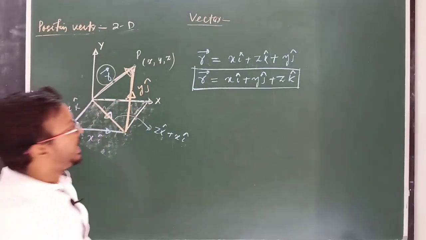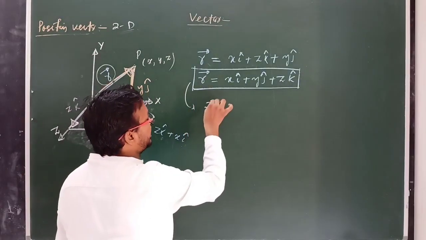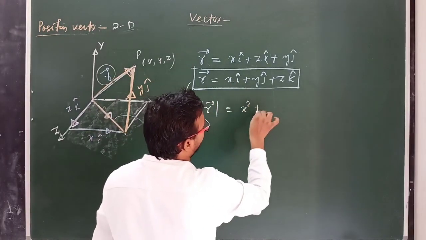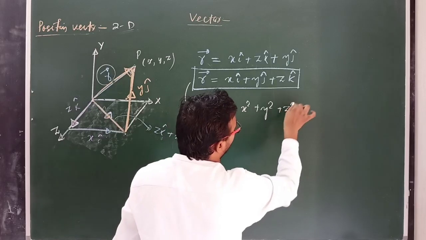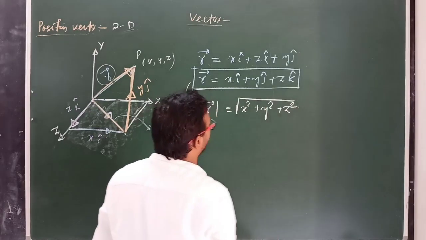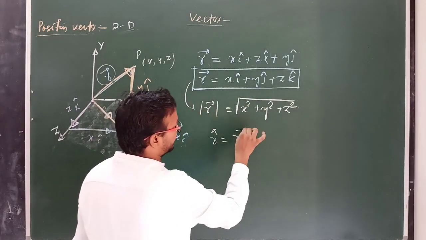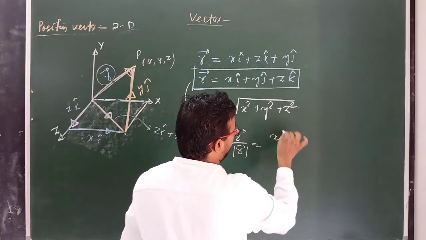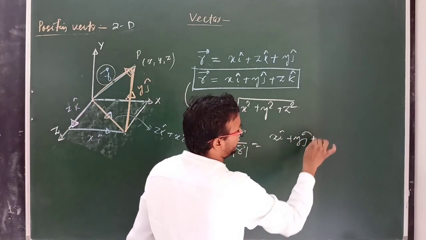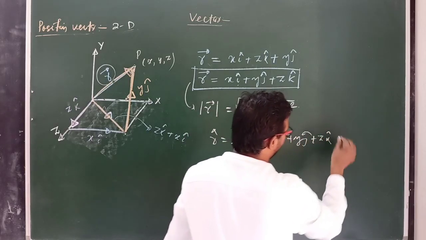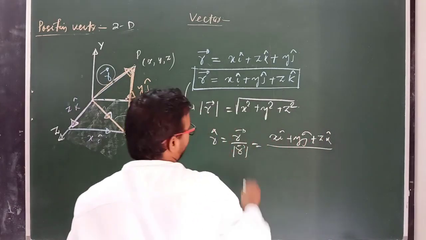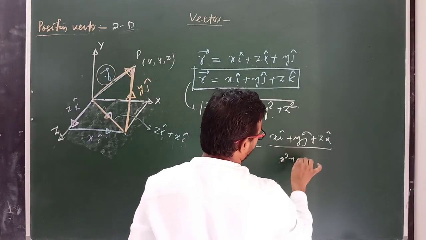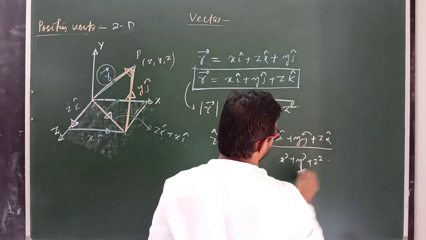Clear? Or you can find the magnitude of this resultant vector. How much? Square root of x square plus y square plus z square. And its unit vector, that is r vector over its magnitude, is equal to x i cap plus y j cap plus z k cap divided by its magnitude, square root of x square plus y square plus z square.